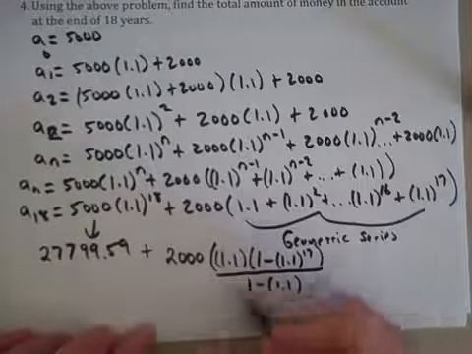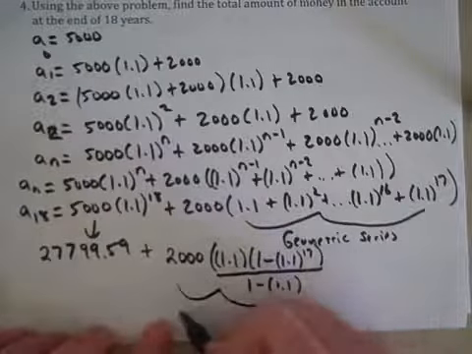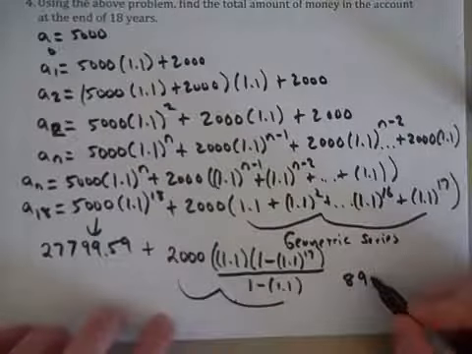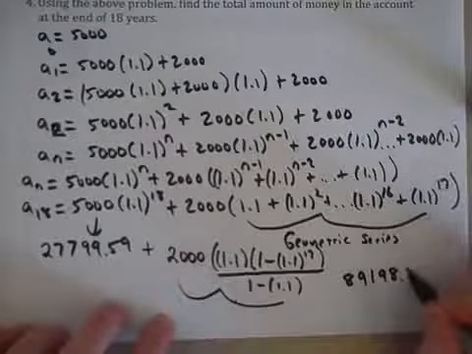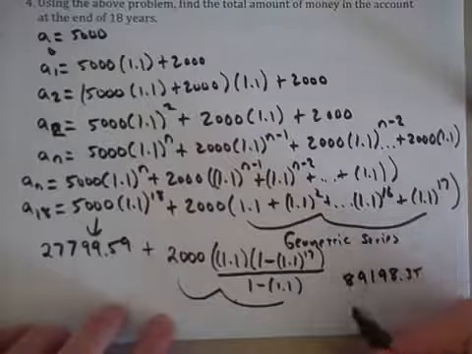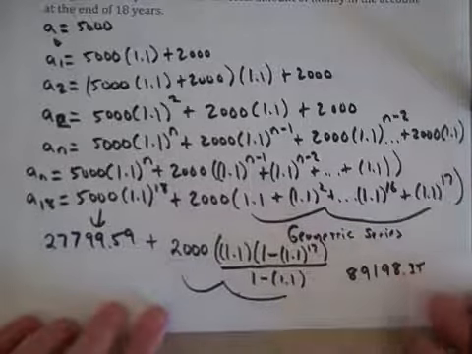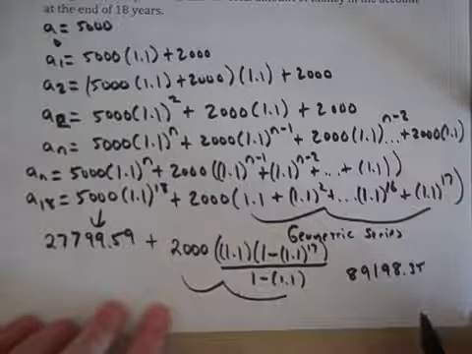When you do this whole thing out, you get approximately, let me make sure you guys can see this, I'll put it over here. You should be doing this on your calculator too, just to make sure you can do it. So you get 89,198.35.